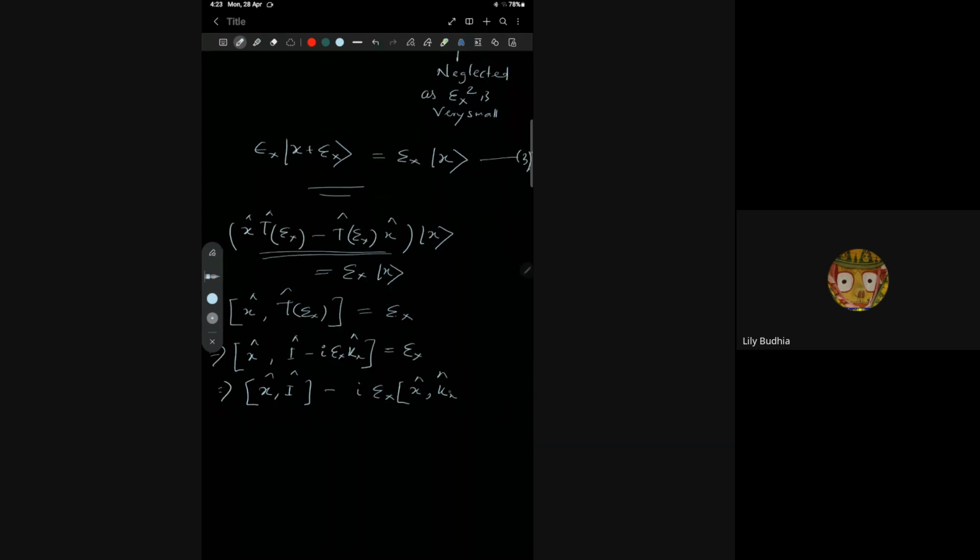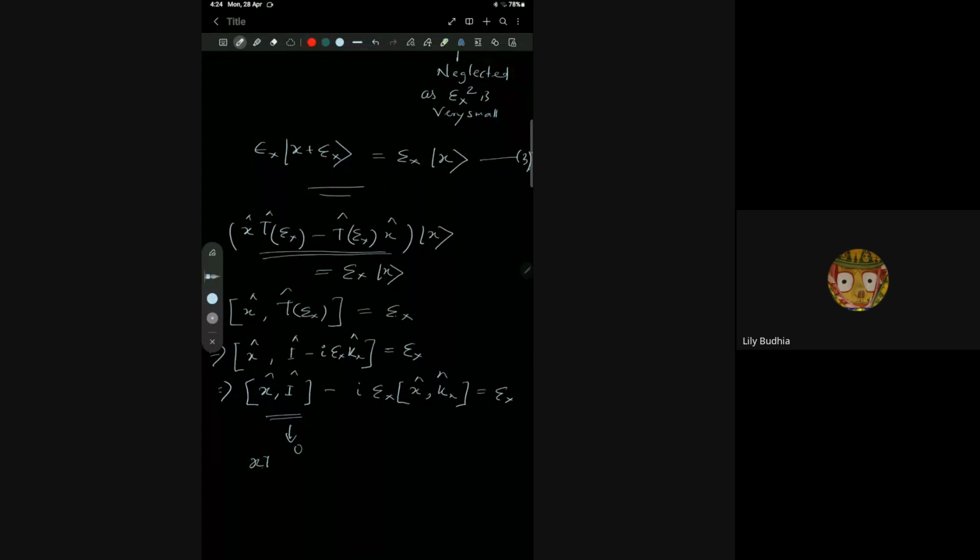k commutator is equal to epsilon. Okay. But you know, if we multiply identity from left or right, it will be the same operator. So that's why this first term will go to 0. Why?